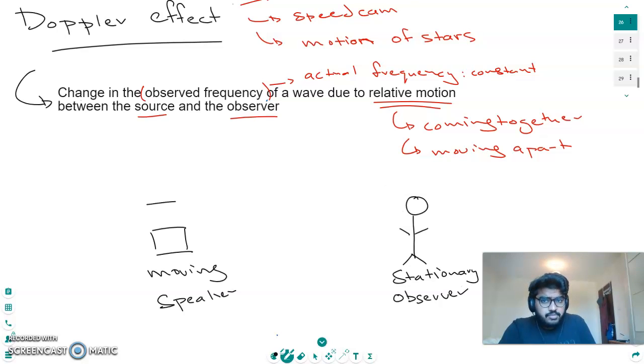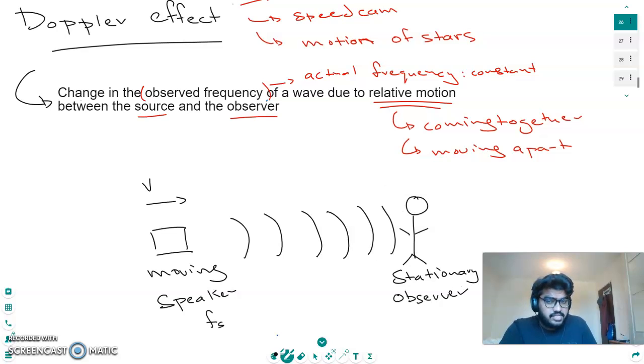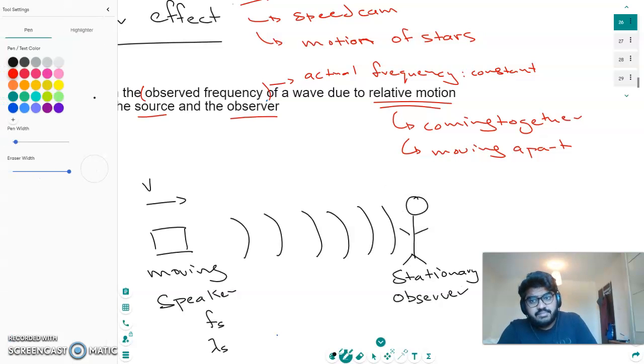Now the speaker is moving towards you with a certain velocity v. And at the first instant in time, the speaker releases sound waves, as a speaker does. And these sound waves approach you with a certain frequency, f_S, where S stands for source, and a certain wavelength, lambda_S.